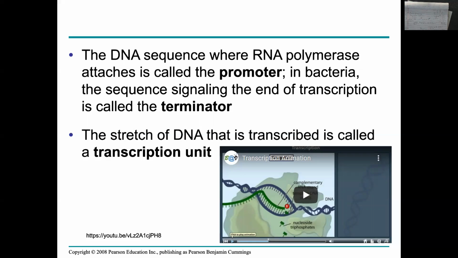But the question you all have in the back of your head when you're able to process is, how does it know to open up that DNA strand? Where does it open up that DNA strand? When does it open up that DNA strand, right? So there's a lot of regulation and control that we'll want to talk about, and we will in time.